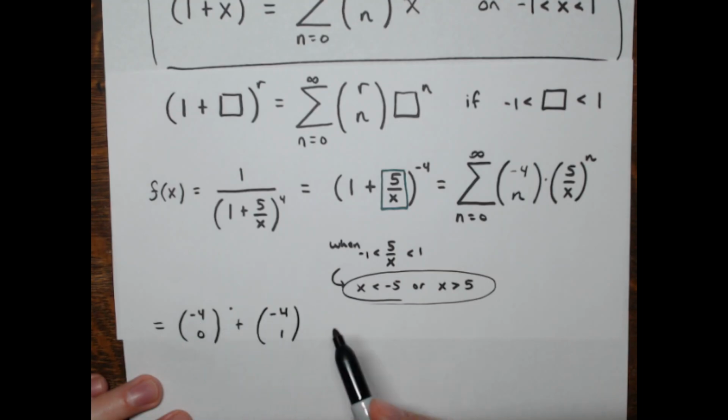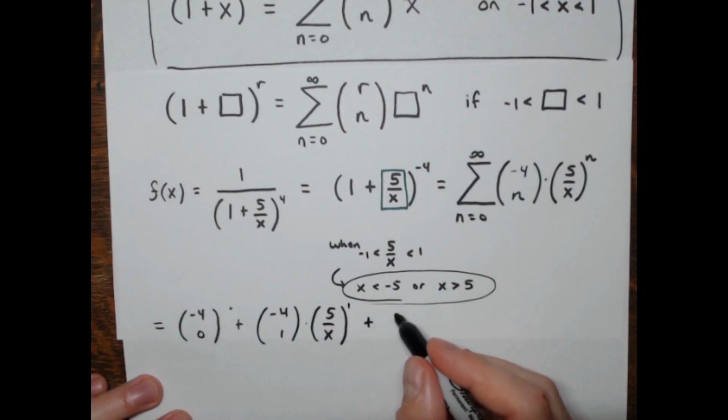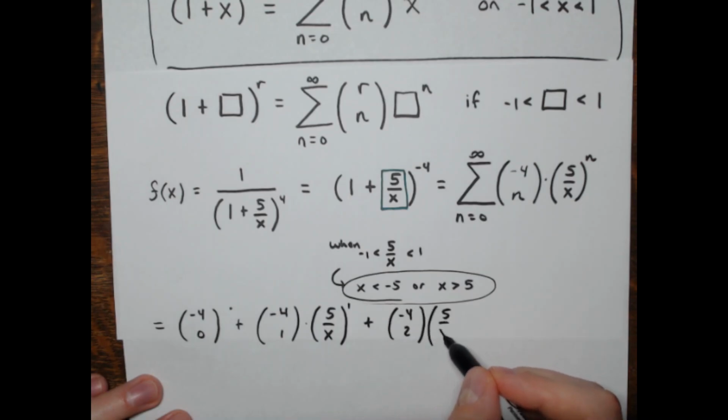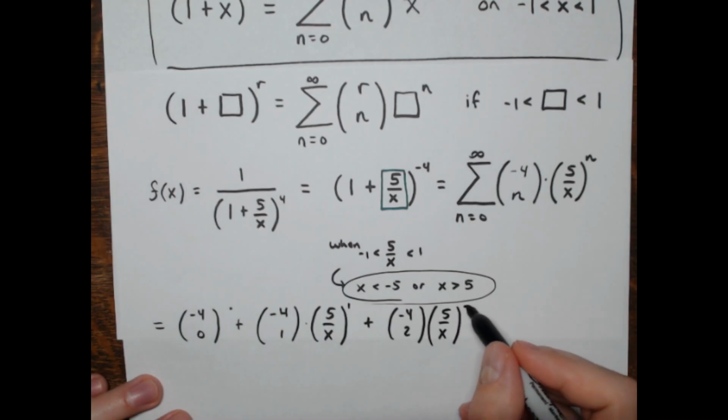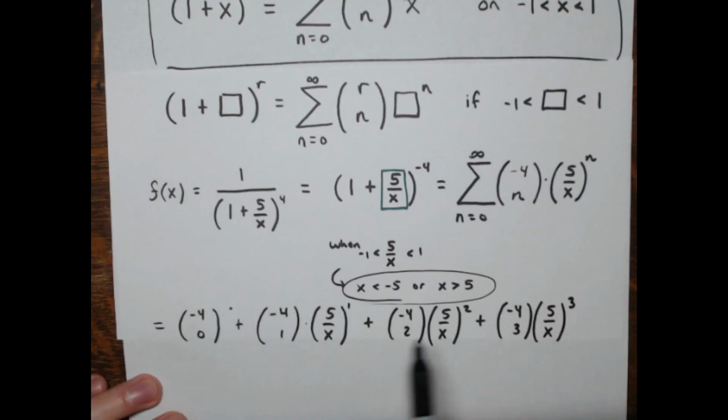We'll write what these values are in a second. Times 5 over x to the 1st, plus -4 choose 2 times 5 over x squared, and then the fourth term will be -4 choose 3 times 5 over x to the 3rd power.